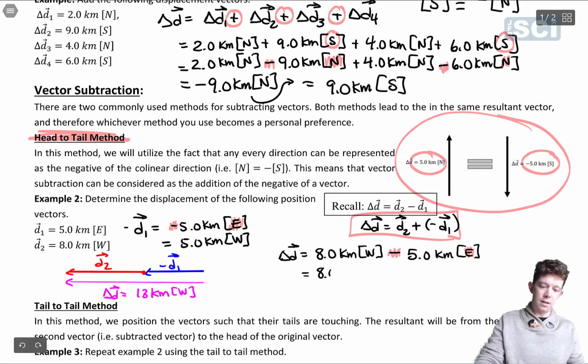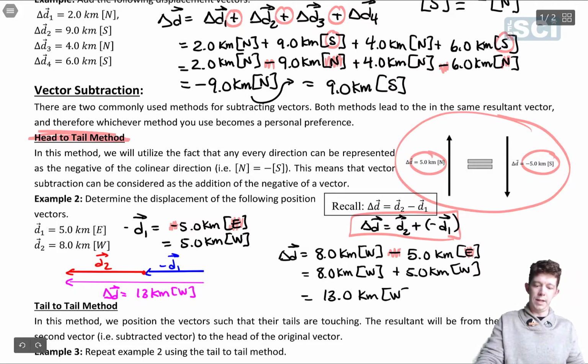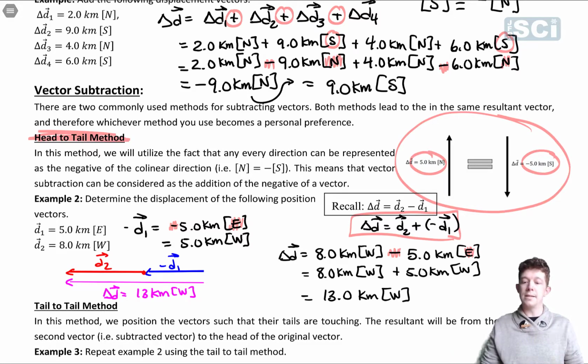So I have 8 kilometers west plus 5 kilometers west. And sure enough, there's my 13.0 kilometers west. And lo and behold, I get the same answer visually as I did with algebra. Okay, so that's the head to tail method. I'm kind of tricking the problem so that it becomes a vector addition problem, not a vector subtraction problem.